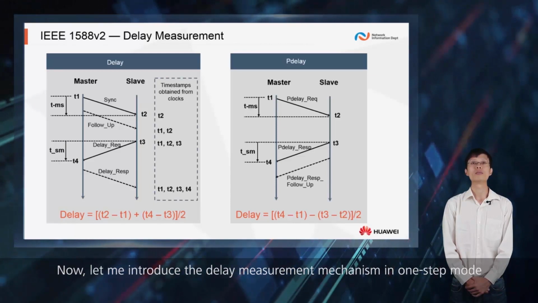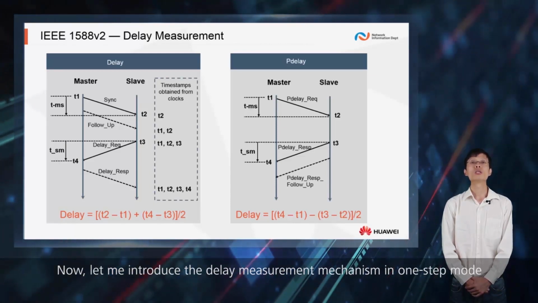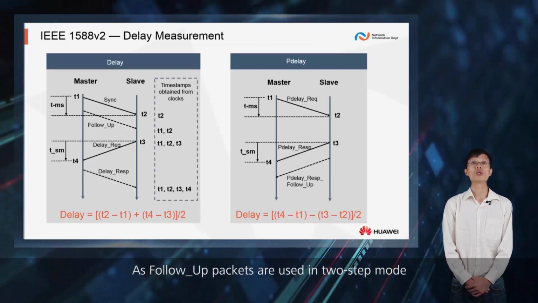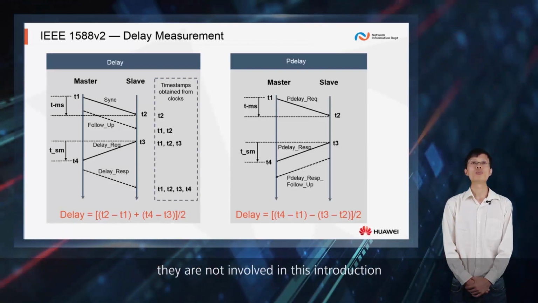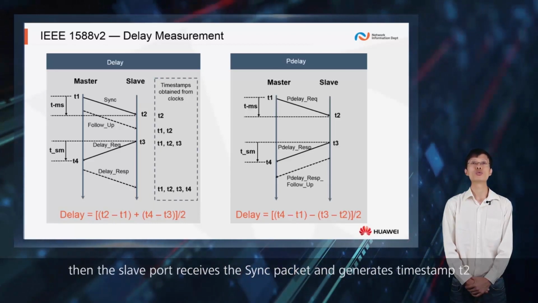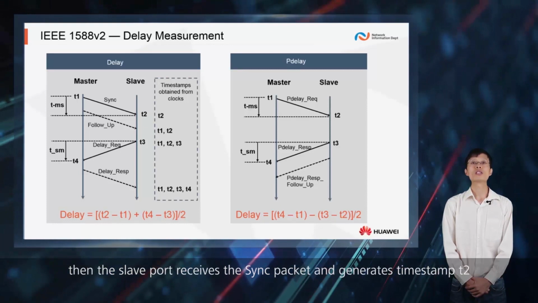Now, let me introduce the delay measurement mechanism in one-step mode. As follow-up packets are used in two-step mode, they are not involved in this introduction. In delay mode, the master port sends a sync packet that carries timestamp T1. Then the slave port receives the sync packet and generates timestamp T2.